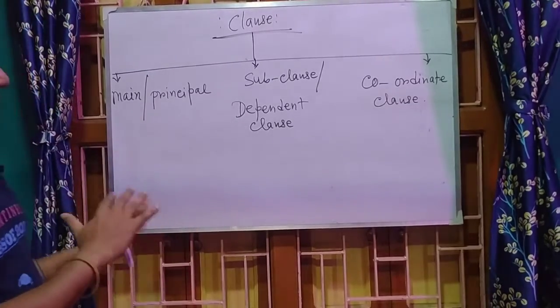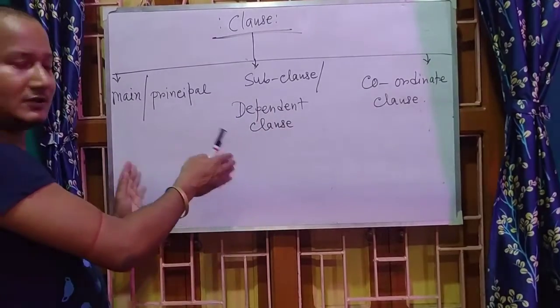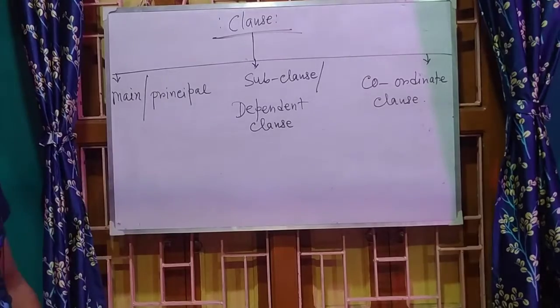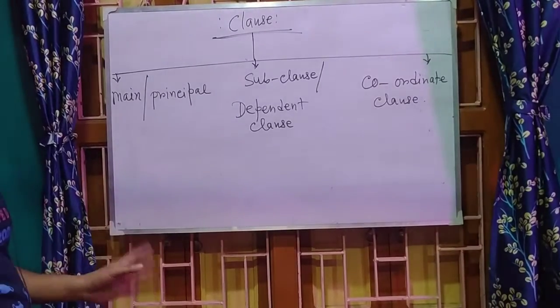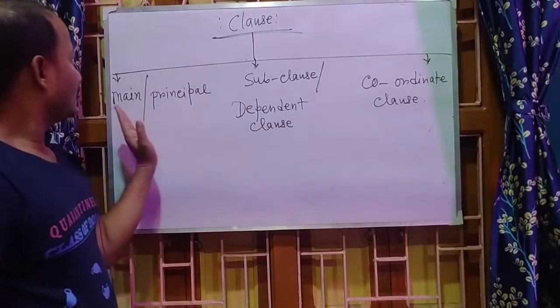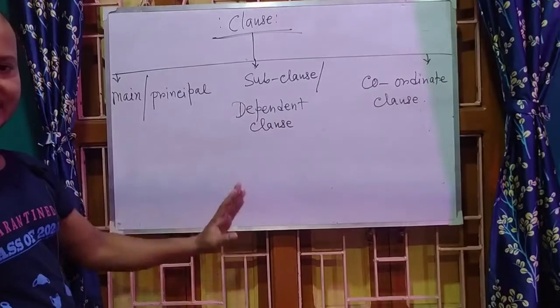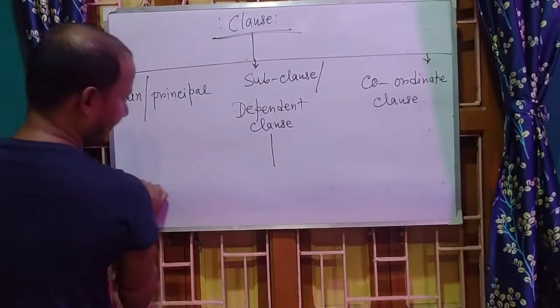So this was the explanation of this topic. I hope you understood. Main clause has no variation, but sub clause has three variations.